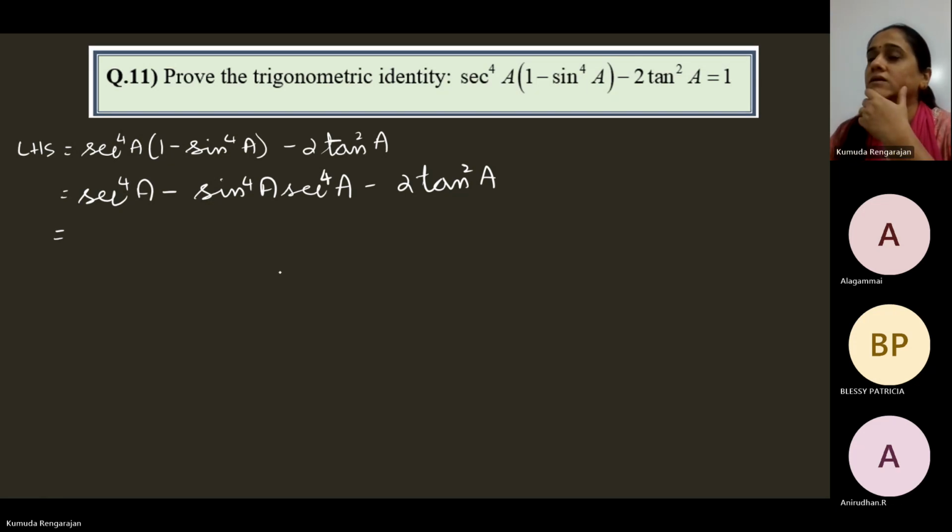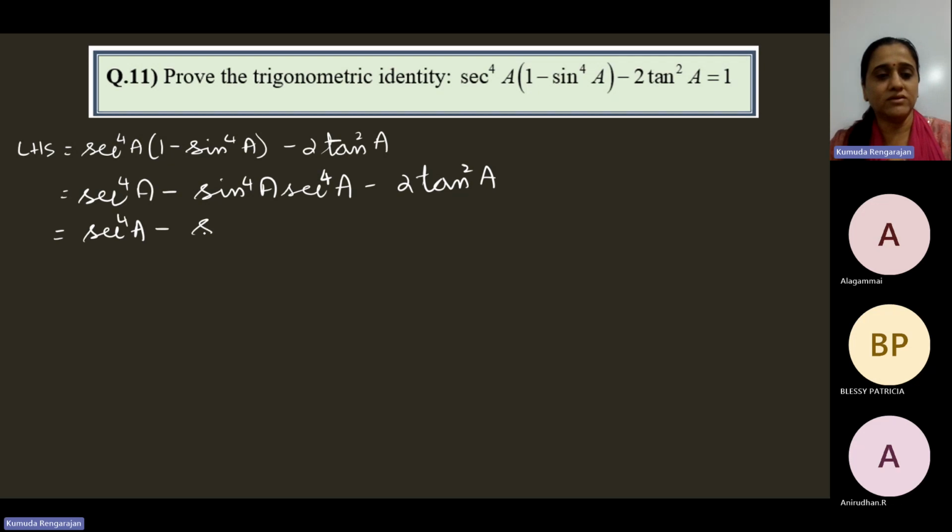Okay. Now, what is the reciprocal of secant? 1 by x. So secant A to the power 4 minus, into 1 by, minus 2 tan square A.